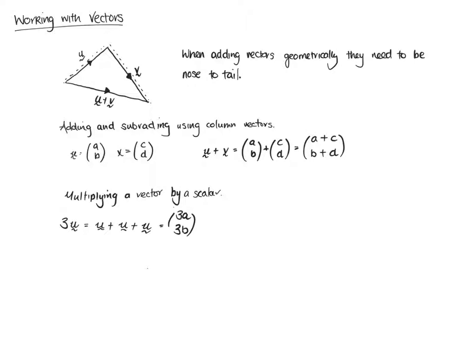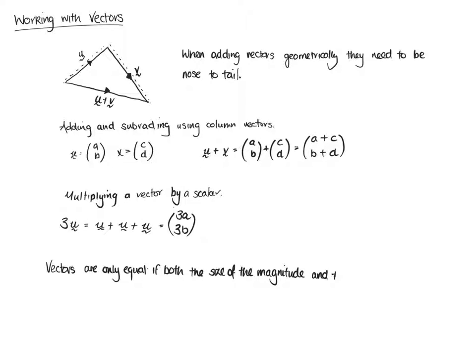Right, okay, so just one last thing to do with vectors, which is important: vectors are only equal if both the size, the magnitude, and the direction are the same.